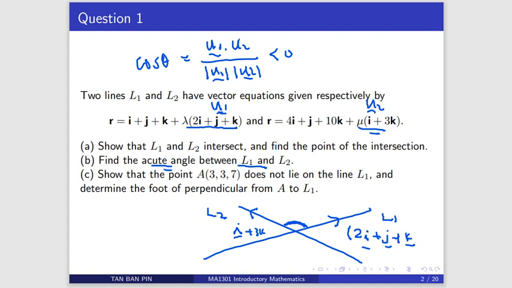But if you want to talk about the angle between two lines, the acute angle, what you want is this acute angle. The acute angle theta is between 0 and 90, so cosine theta will be positive. So you should take the magnitude, then it gives you the acute angle.